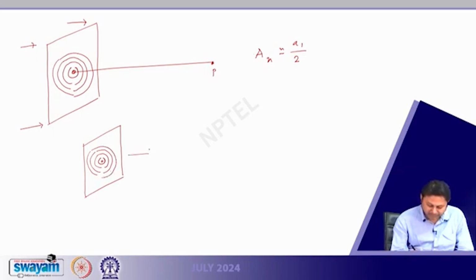And it is moving, and we also have an aperture here. This is the system where we have an aperture.